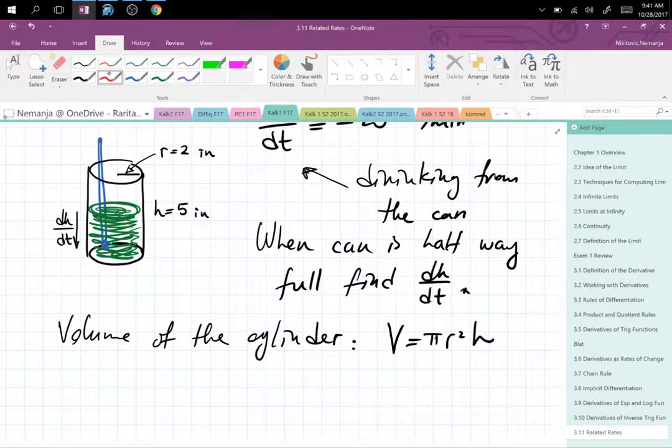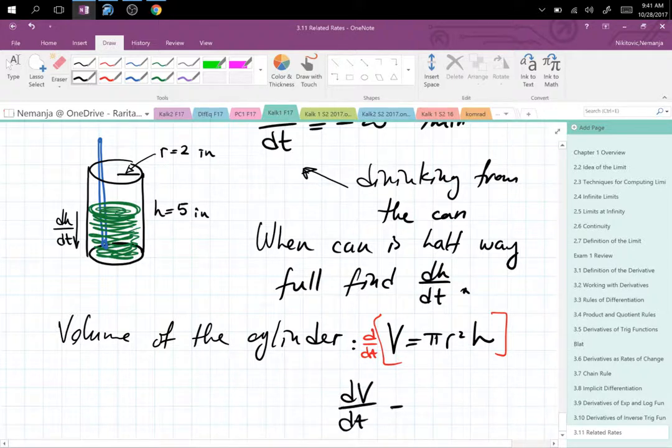Now, to find related rates, we differentiate that with respect to time because we want to see how fast things are changing. So dV dt is equal to 2 pi. How many variables do we have?